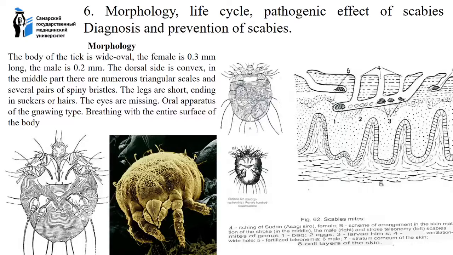The legs are short, ending in suckers or hairs. The eyes are missing, the oral apparatus is of the gnawing type. Breathing is with the entire surface of the body.